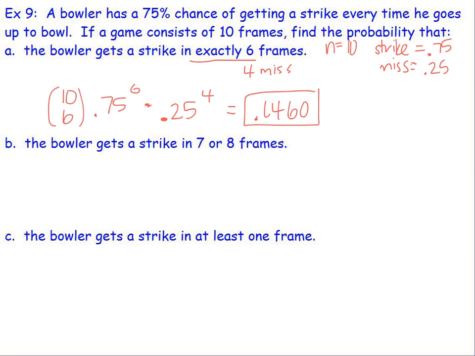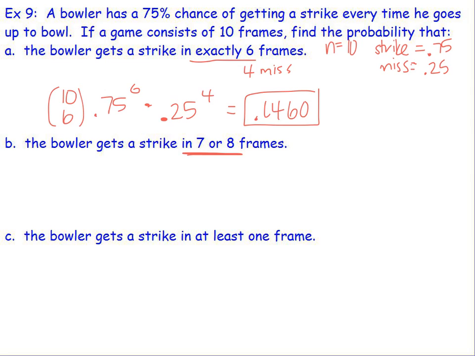Okay, so let's step it up one. Now, the probability that your bowler gets a strike in 7 or 8 frames. So, not a whole bunch of cases, just 2, in 7 frames or 8 frames. Again, your setup is staying the same.